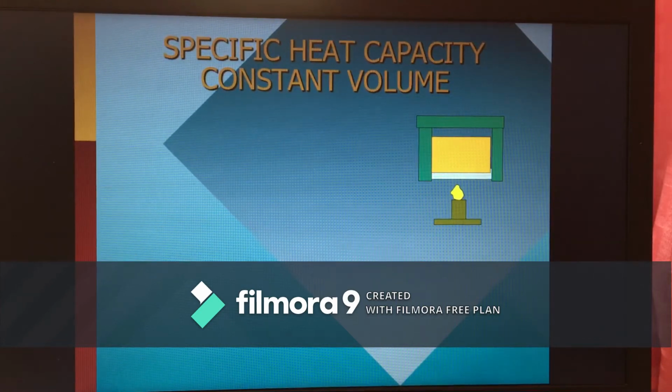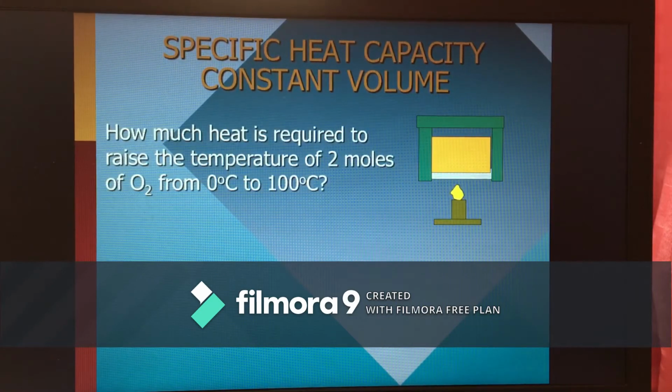Specific heat capacity, constant volume. So how much heat is required to raise the temperature of 2 moles of oxygen, O2, from 0 degrees Celsius to 100 degrees Celsius?